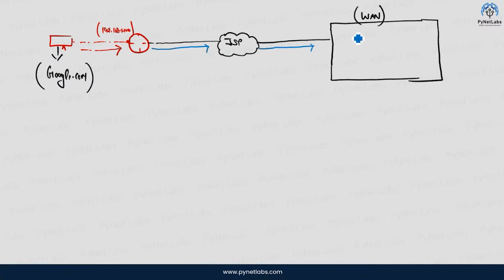Now, if we are talking about Google, we know there is not going to be any single data center of Google all over the globe. There are multiple data centers of Google. Let's assume this is one data center, this is the second, this is the third. All these data centers are internally connected with each other, sharing their information, maintaining a copy of the information and synchronizing it with each other.